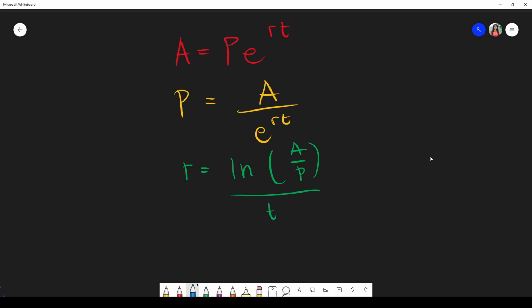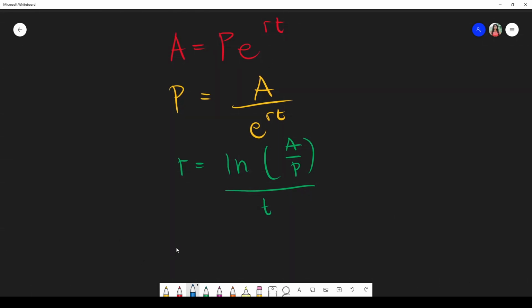And if t is our unknown, it looks the same as r because the process of solving for r and t are the same, because r and t are exponents of our Euler's constant. So the formula for t is ln of A over P divided by r.